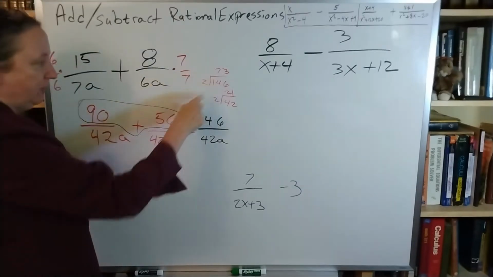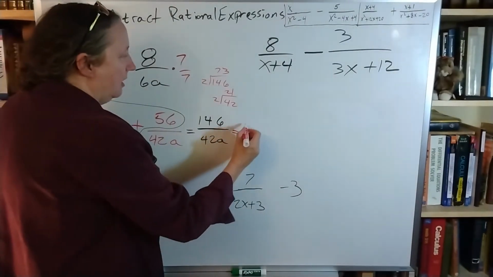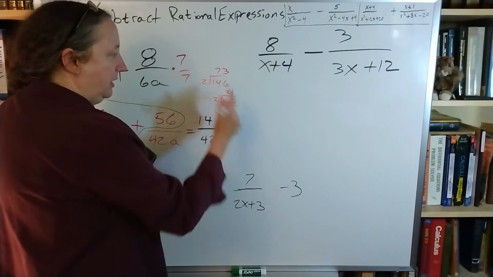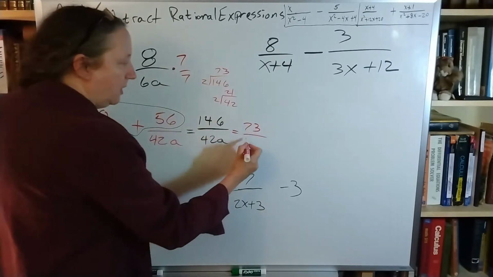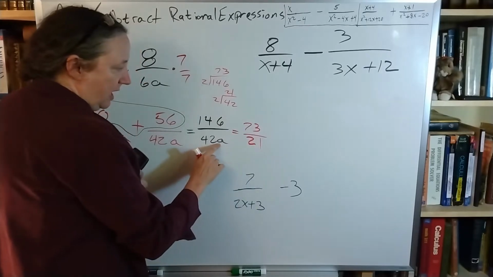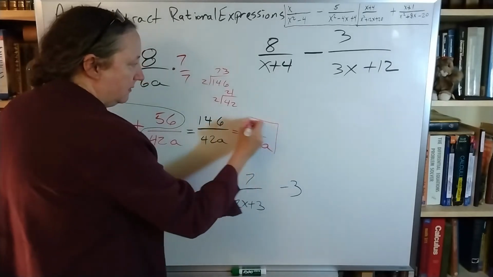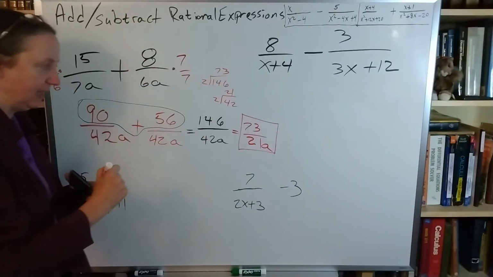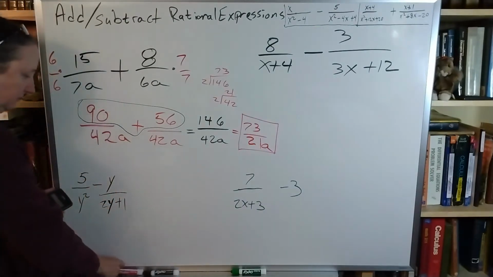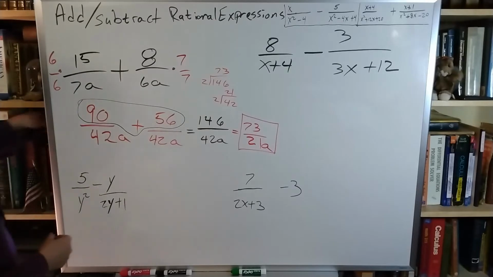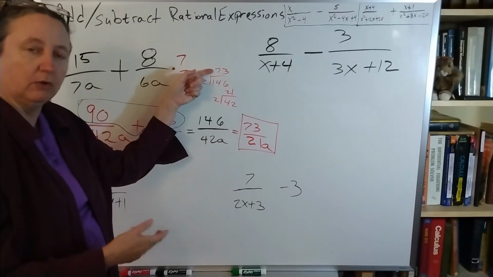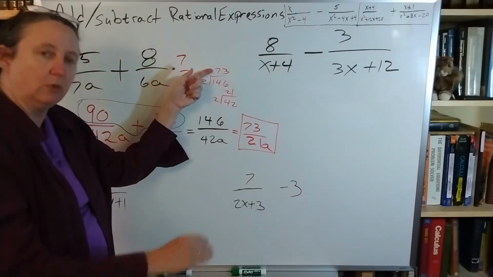So now I have my reduced form, which is 73 over 21a, and there is my answer. If I had been able to divide this by 3 or 7, then I would continue on with my reducing.